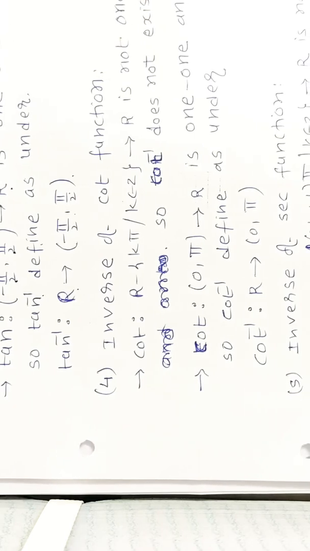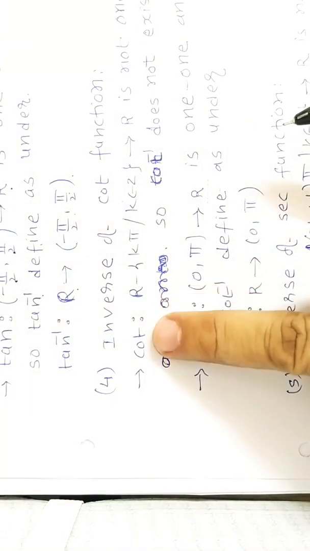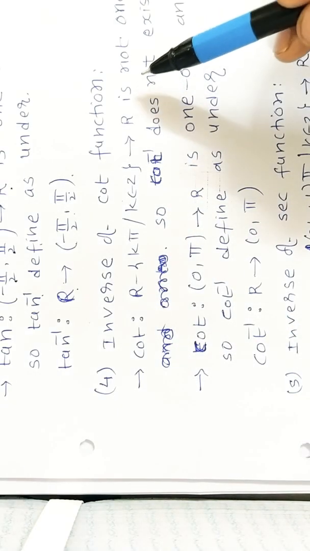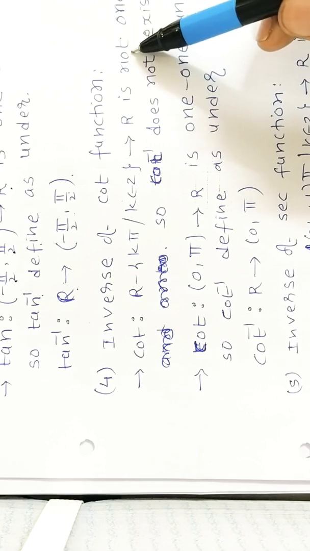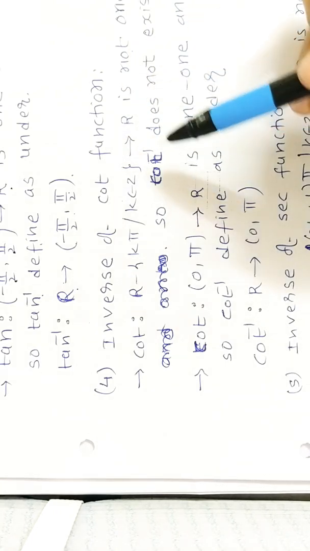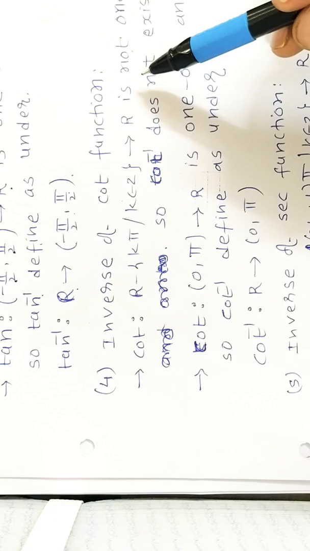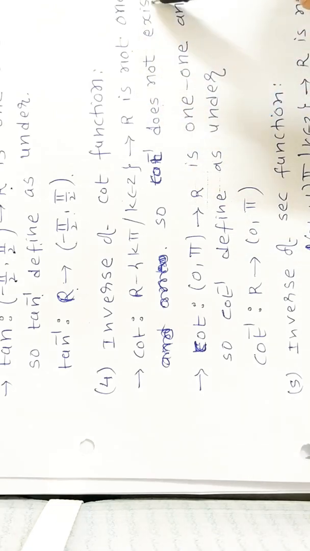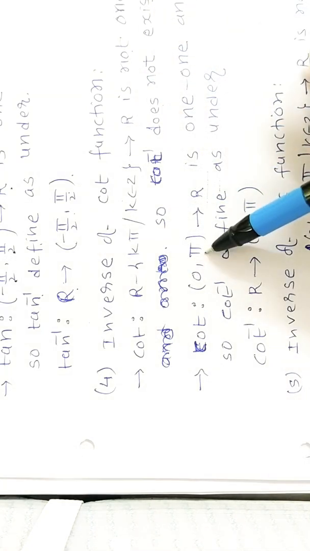Now inverse of cot function. The domain of cot function is R minus k pi, k belongs to Z, to R. It is not one-one, but it is onto. Function is not one-one, so cot inverse does not exist. If we want to find the inverse of cot function, we have to restrict its domain.